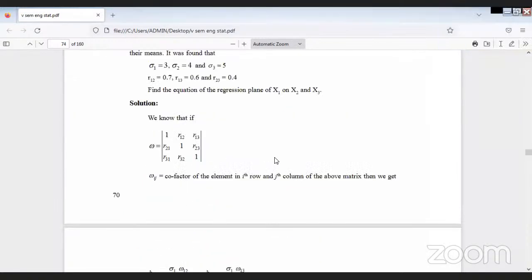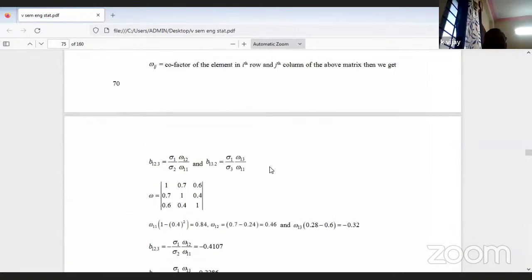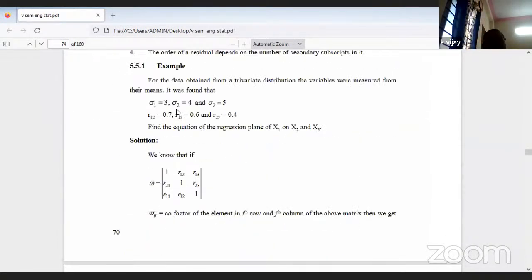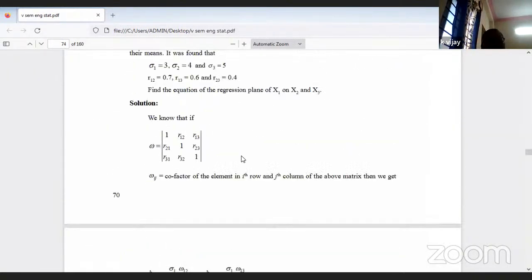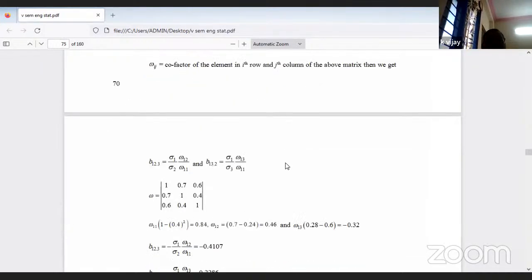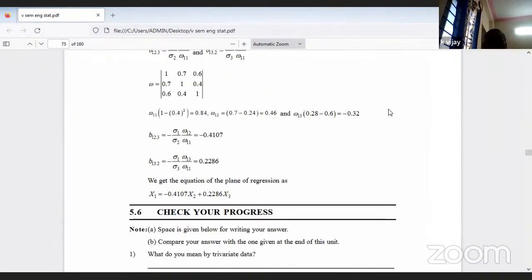Then sigma 1 is 3. Sigma 3 is 3 by 5 into minus 0.32 by 0.84.